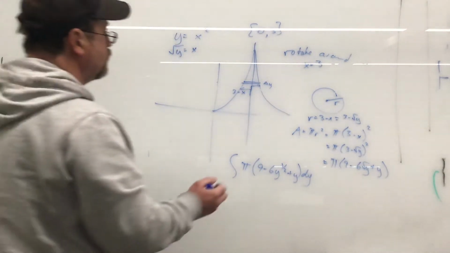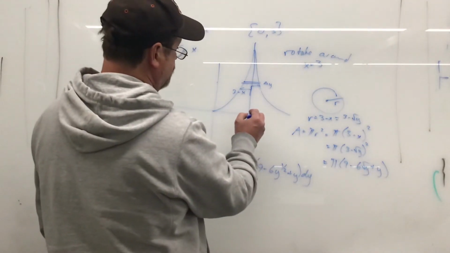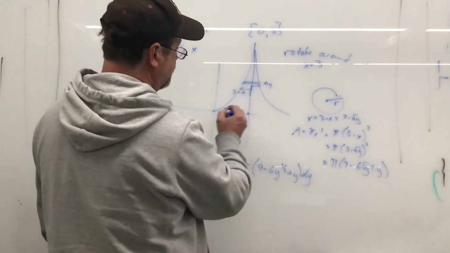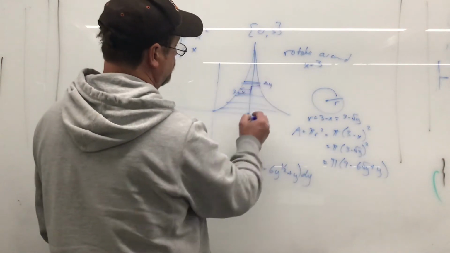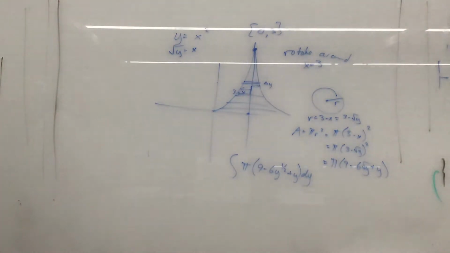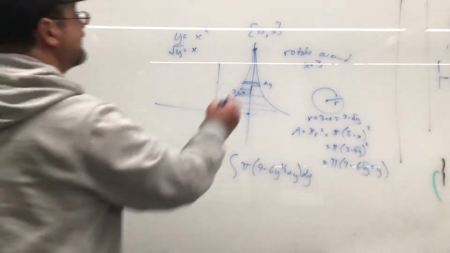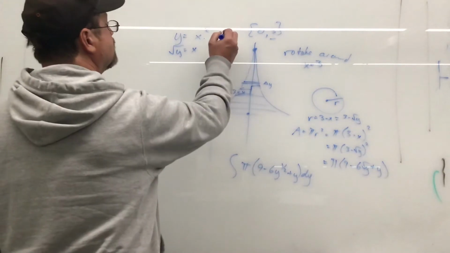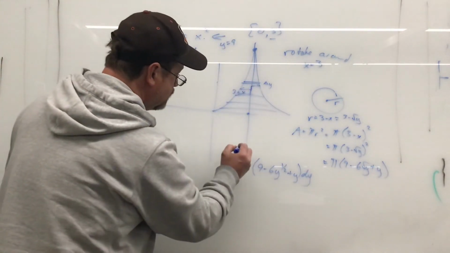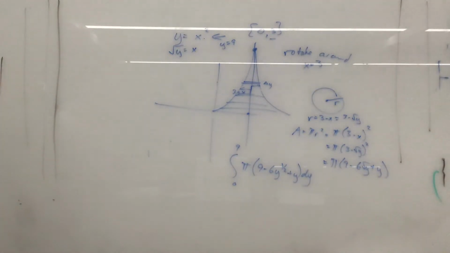And where's my integral going? From where to where? Well, it's going from here, right? I'm adding up all of these slices, all the way up from here up to here. Well, what is that in terms of y? I know that that's x equals 3, but that means that's where y is equal to 9. So I'm integrating from 0 to 9 to get that volume.